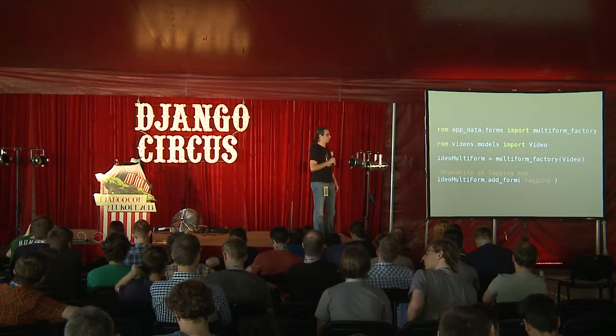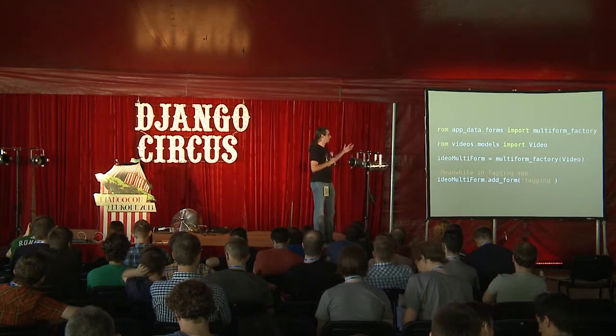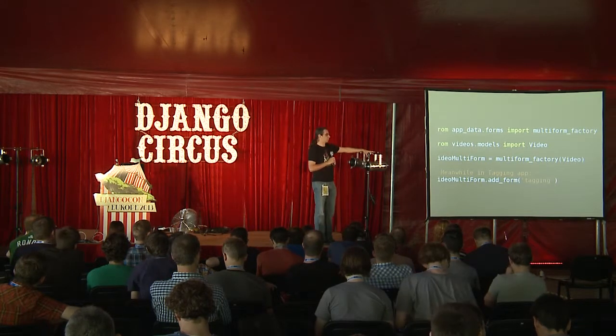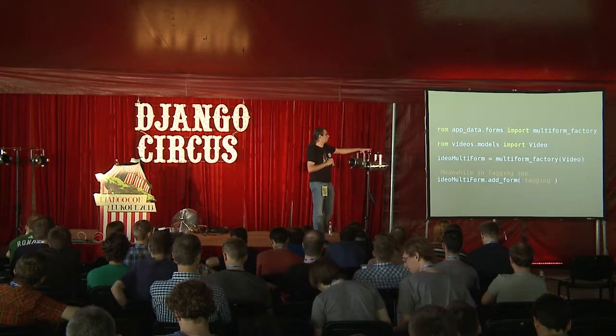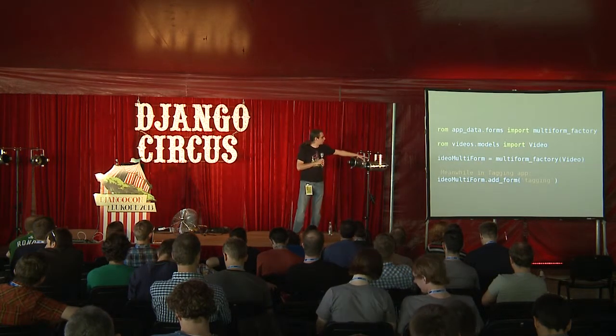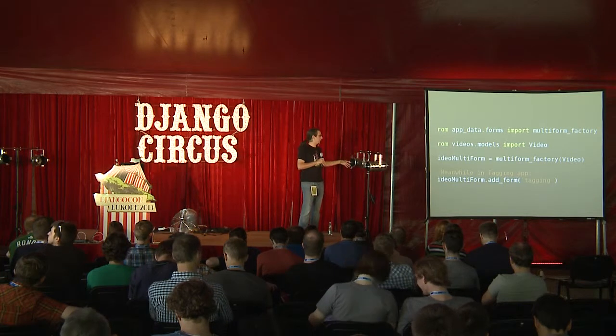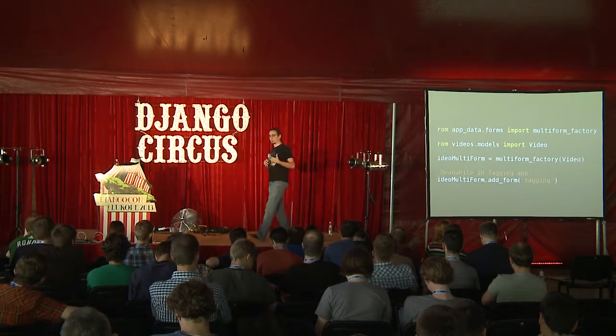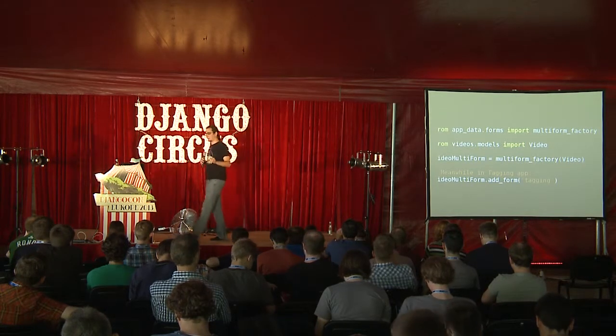Just by using a factory, we could do it ourselves, but there is no need. And then the tagging app can again add its own form to this one multiform. Note that the last line doesn't specify which form to add, so it will just look up the tagging, and it will use the form that we use to register the tagging namespace.